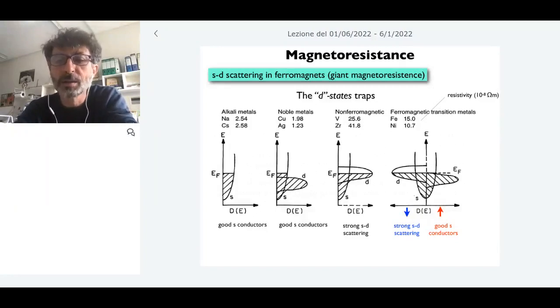If you take the resistivity of typical ferromagnets, they do not conduct electricity very well. But why? This is a general behavior. So independently of whether they are ferromagnetic or not, we have to distinguish between them. If you take transition metals, you discover that at the beginning of the series, where you have sodium and cesium, you have to look at the energy bands.